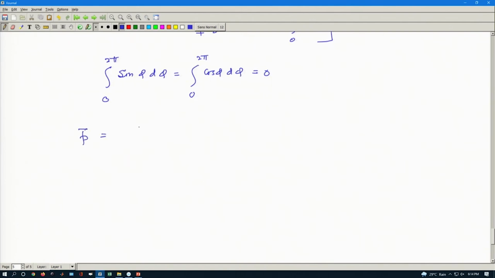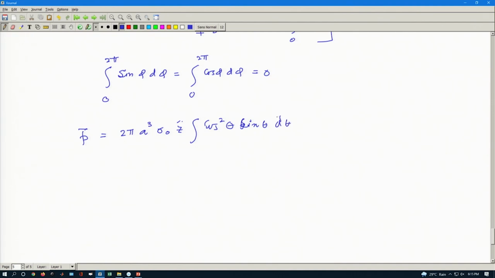So it is simply 2 pi a cube sigma 0 in the z direction, integration of cos square theta sin theta d theta.